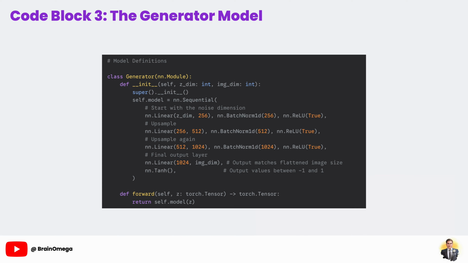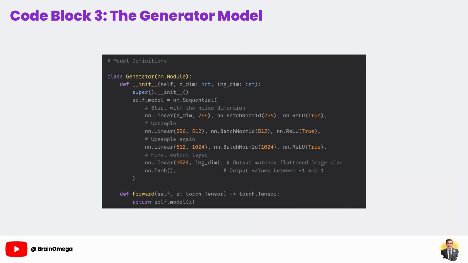We're using a series of linear layers to progressively upsample, or increase the number of features, from our ZDIM of 100 up to 256, then 512, then 1024, and finally to our target image dimension of 784. After each upsampling layer, we use batch norm 1D.